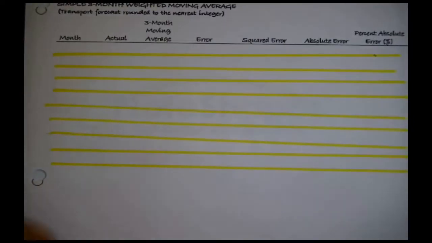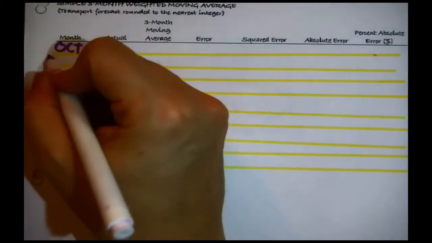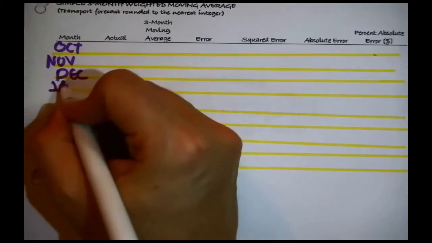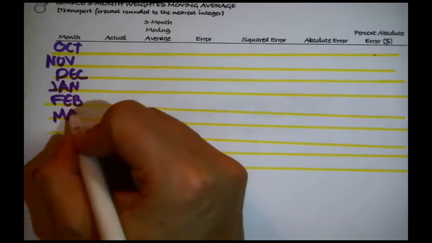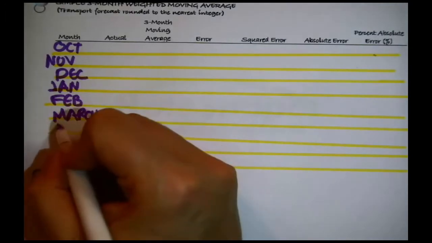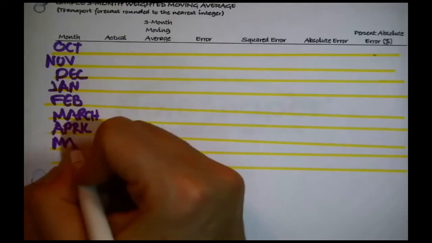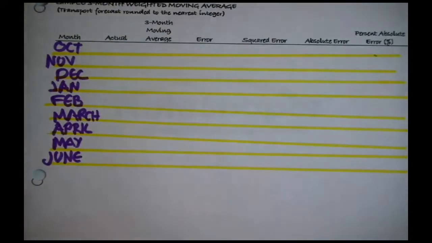Let's see, they started in October, November. This was December, January, February, March, April, May, June. Okay, those were the months.